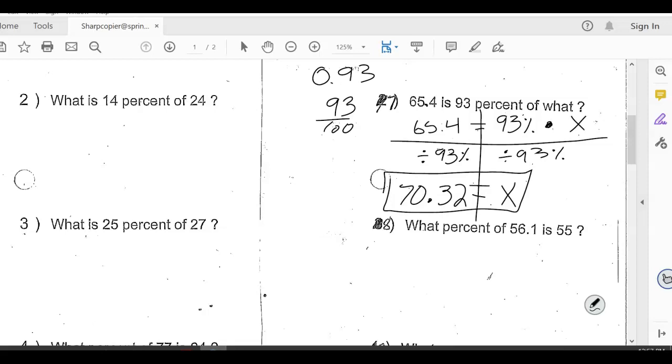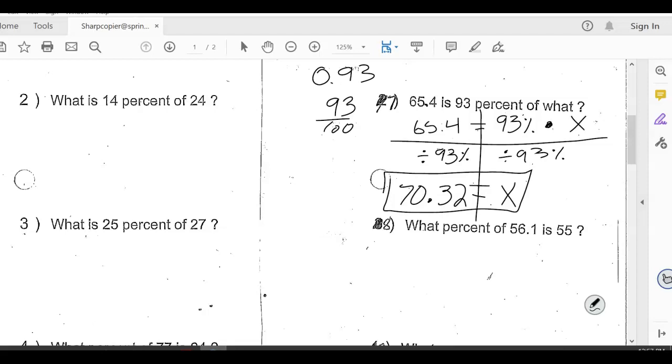Yes. Okay, what would 70 and 32 hundredths represent? The part, the whole, or the percent? Josiah: Not the part. Go back to your equation. If this is your equation, what does x represent?